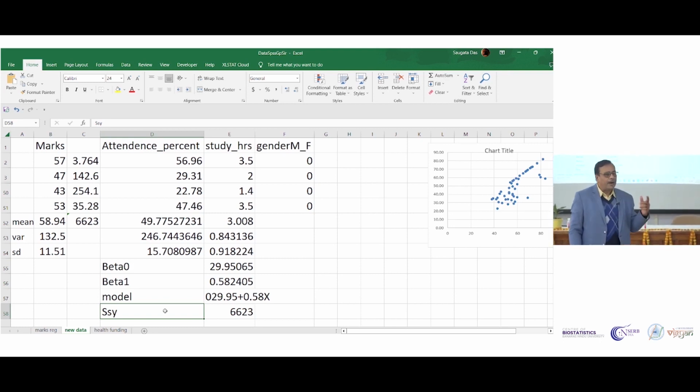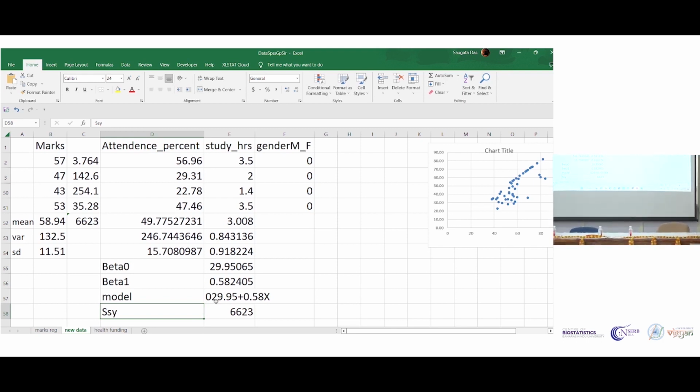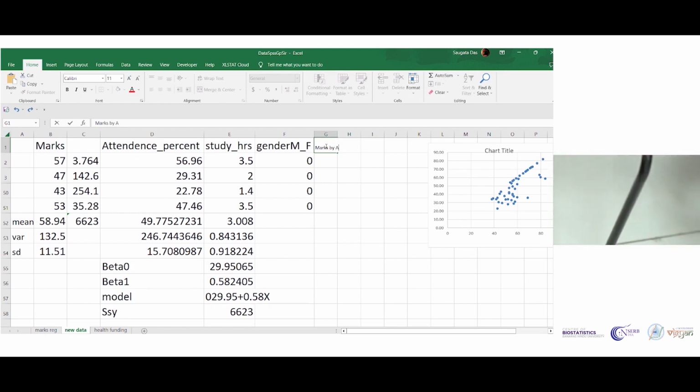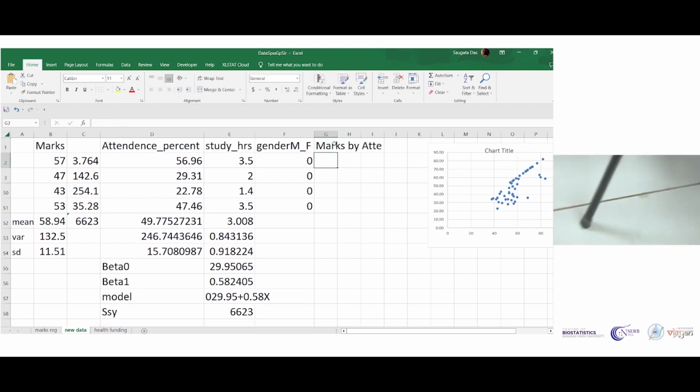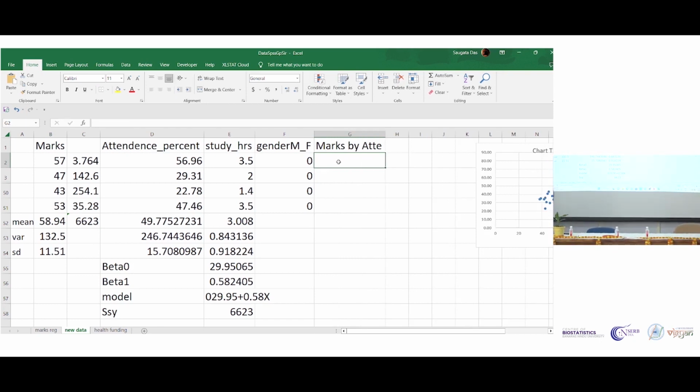Let us calculate marks by effect of attendance. Okay? See this one. This X is what?